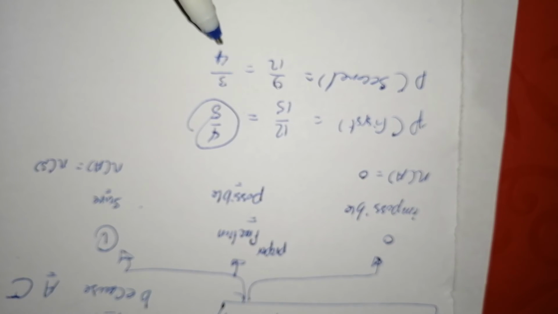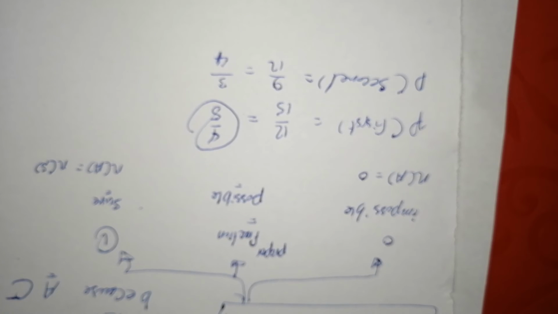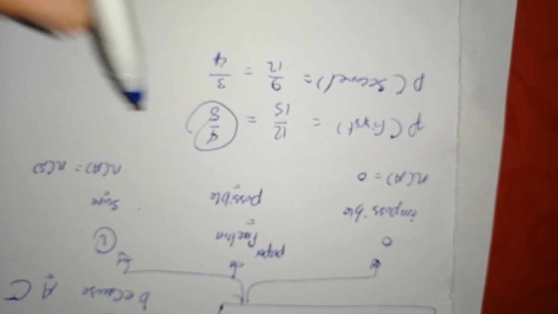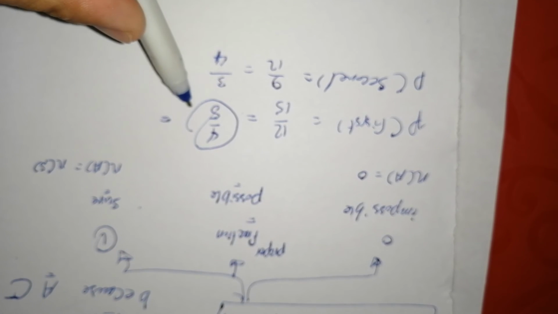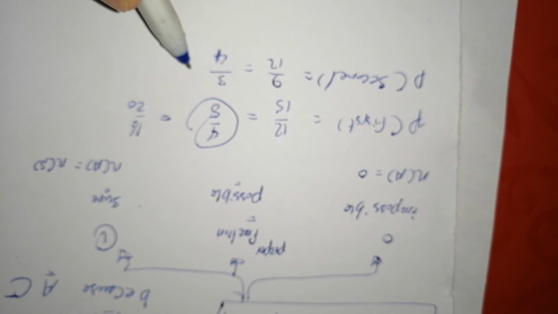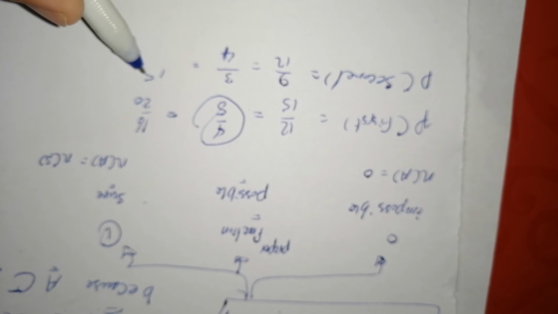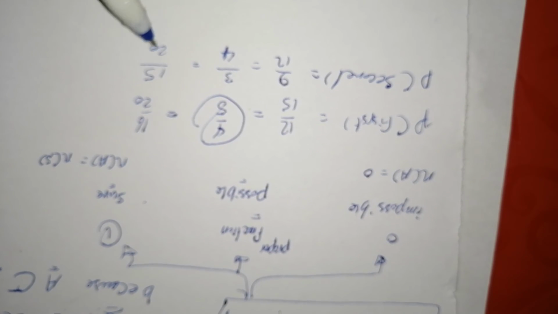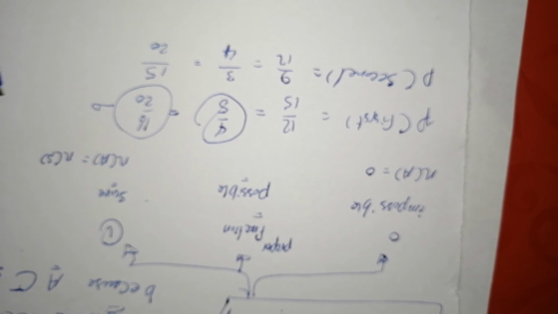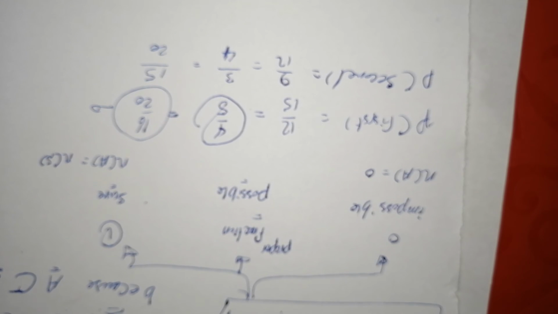So which of them is greatest? 4 over 5 or 3 over 4? Let's determine. 4 over 5, by multiplying by 4, equals 16 over 20. And 3 over 4, by multiplying by 5, equals 15 over 20. So the first player has the greatest probability to score goals. So the first player will be selected to kick the penalties during the final match.